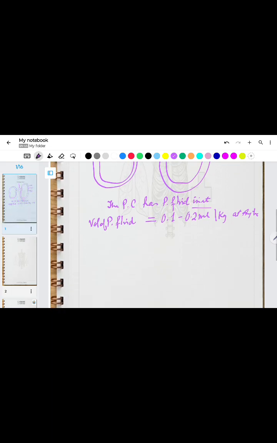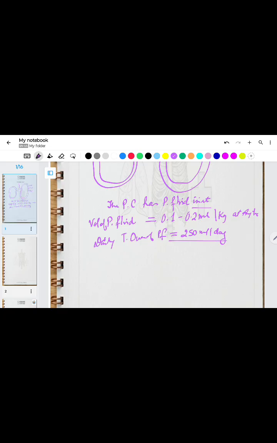Okay, 0.1 to 0.2 ml per kg at any time. So the daily turnover of pleural fluid is approximately 250 ml per day. It keeps on forming and reabsorbing.